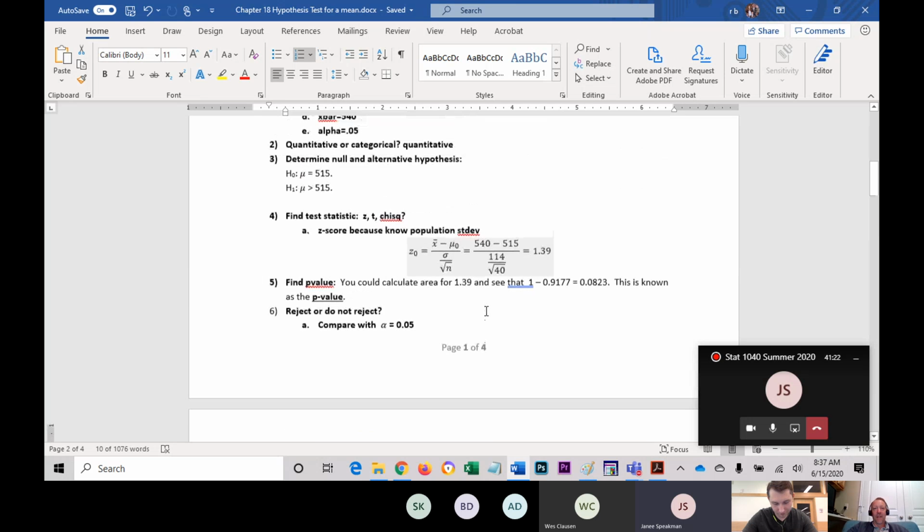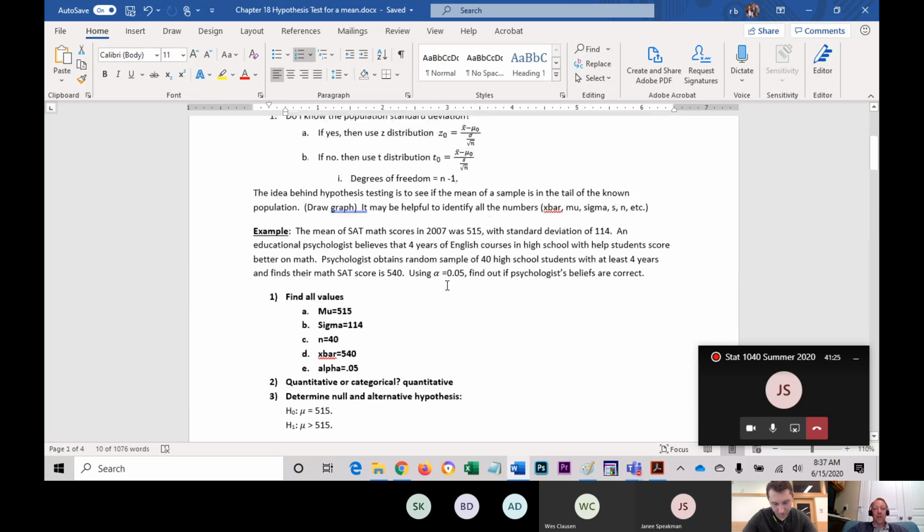Thanks. So here's the tricky thing. Think about this for a minute. We got 515, so normally people should get 515. They did get better scores, 540. Wouldn't you say 540 is better than 515?